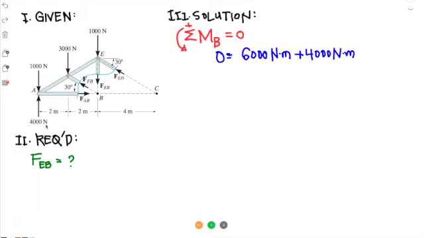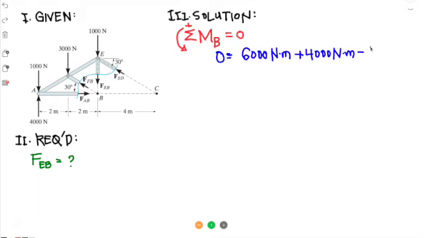And we also have this 4,000 Newton here, which will turn B clockwise, so it's minus. So it's minus, this is 4,000 times 2 plus 2, that's 4 times, that's 16,000 newtons.